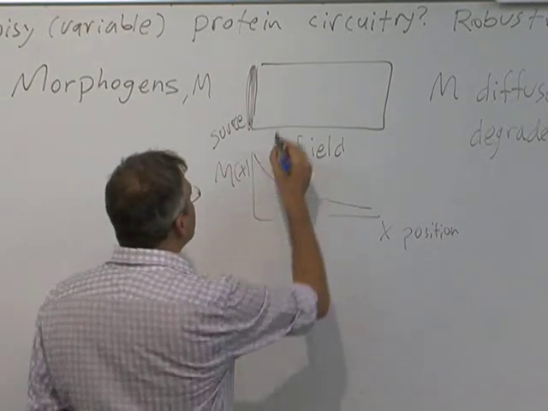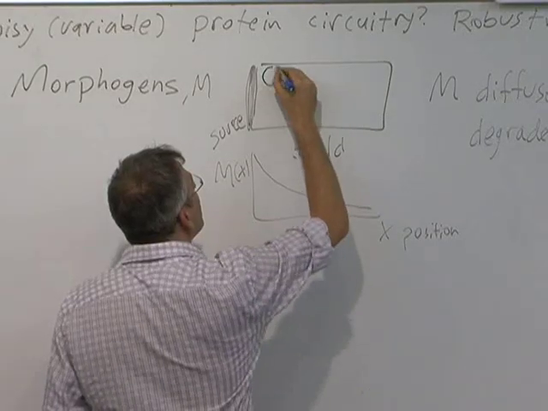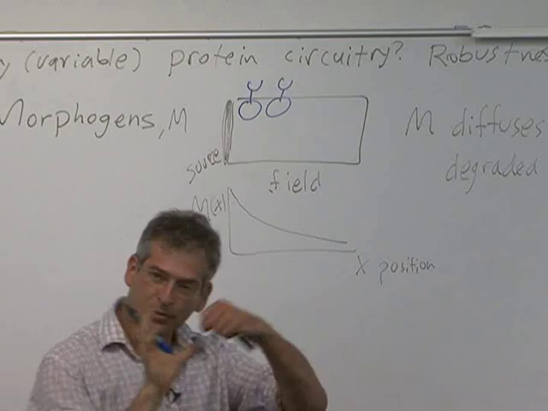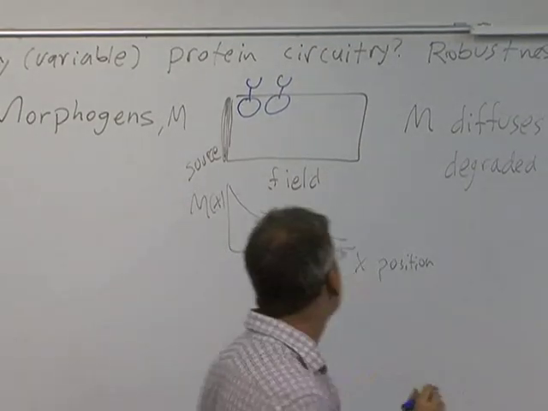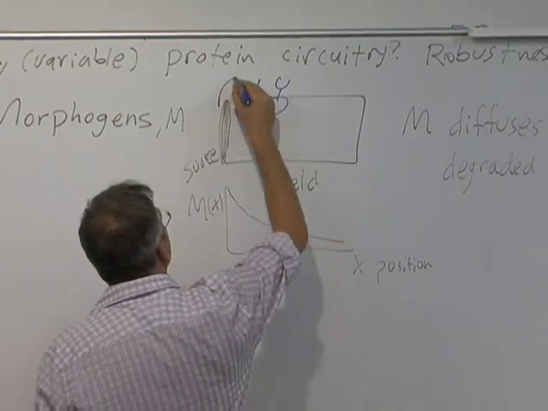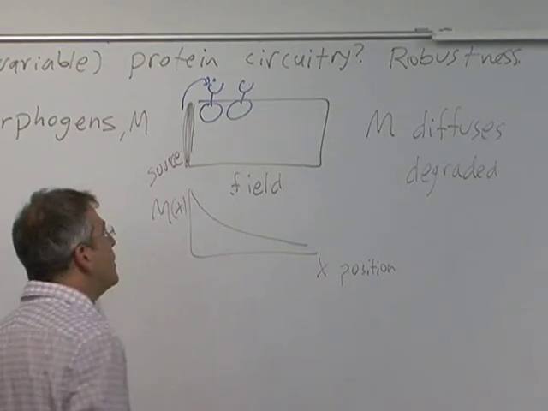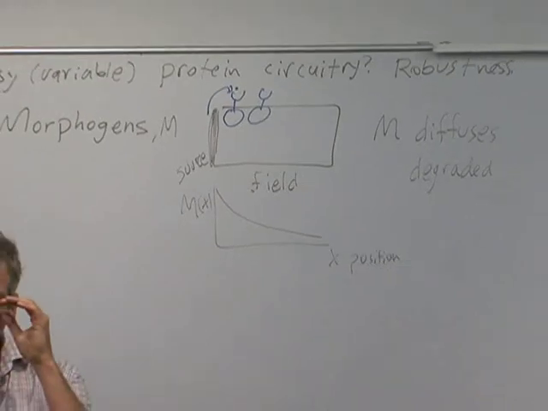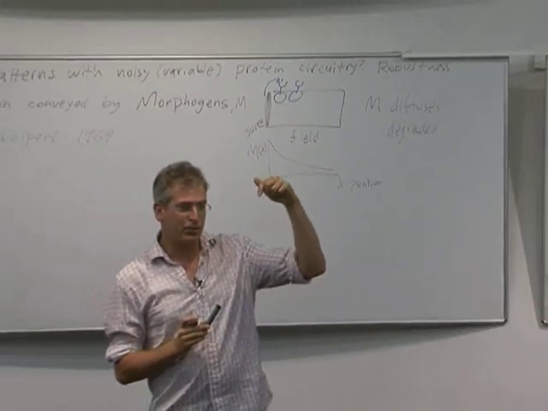And the cells here have receptors, just like in chemotaxis. Remember, the receptors, the molecules can bind things. They have special receptors that can bind the morphogen molecules, so the cells can tell what's the local concentration.